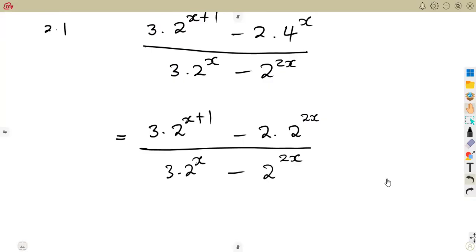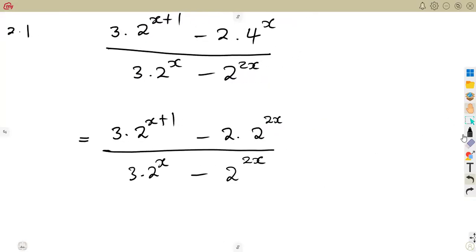I said when you are given addition and subtraction, do not worry about that. Maybe you're given 2 to the exponent of x plus 1. When you factor out 2 to the exponent of x, what are you remaining with? 2 to the exponent of 1. If it was a negative, the same thing, it will be 2 to the exponent of negative 1.